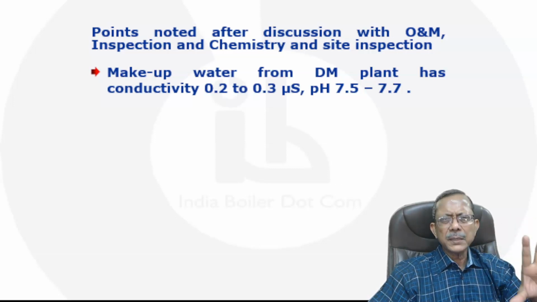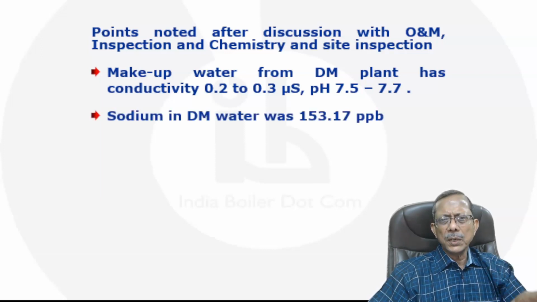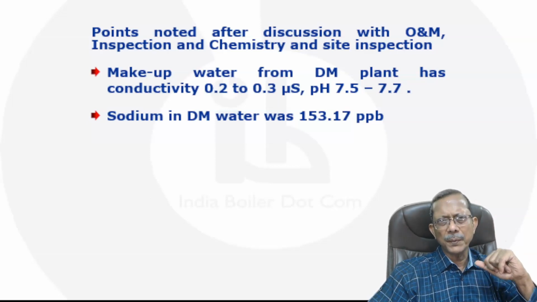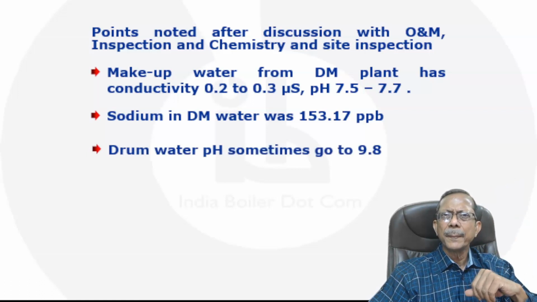So when I checked the water analysis that had been done by NALCO actually, the sodium in the DM water was very, very high, 153.17 ppb. That is a very high sodium, right? So there is some problem in the MB also. That is not safe. And if such kind of sodium comes into the system, the drum water pH will always be on the higher side, right?